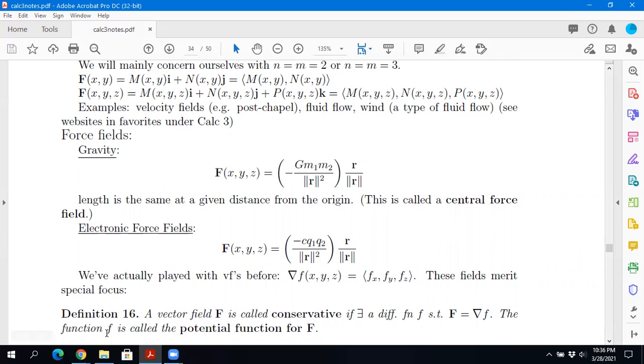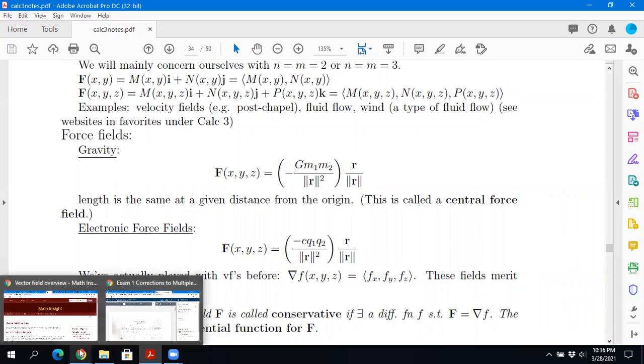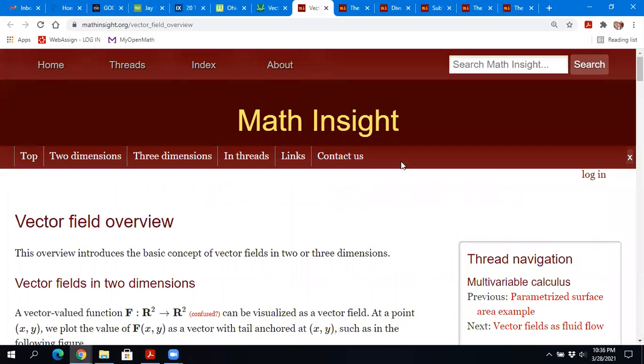Before we move on in these notes, I want to go over here. This is a fantastic resource. I'm always trying to look for online resources that you would have access to even after your time at Cedarville. Mathinsight.org. It's a very good math website. Not all math websites are created equal, and this one certainly stands out.